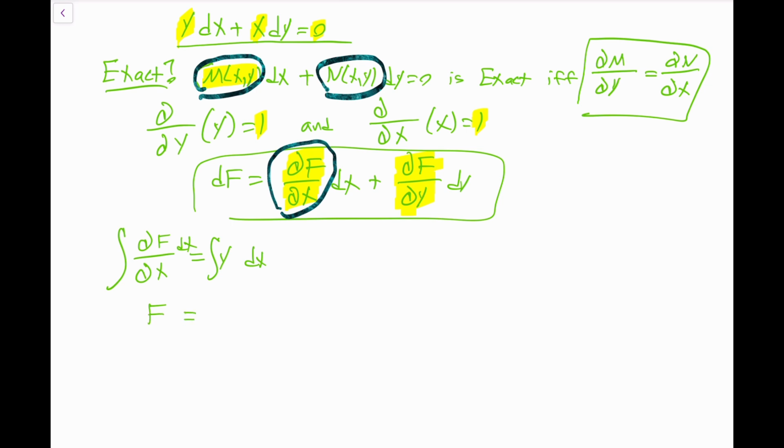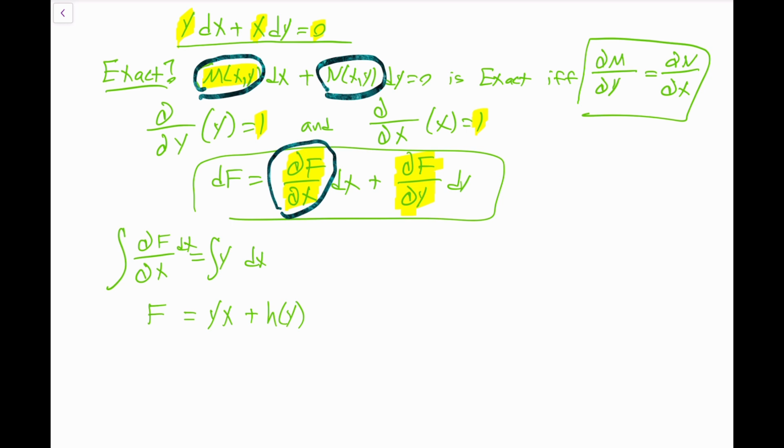The right-hand side, what do we get? We have multivariables here, so we have to be a little bit careful. We'll get a yx, but we'll have to add h of y. That's our constant. So if we took the derivative of h of y with respect to x, we would get a 0. So it does make sense to say we have h of y, not just a c.